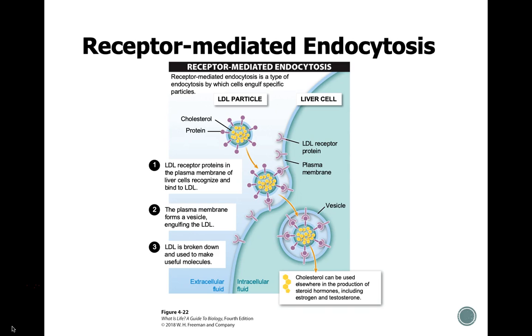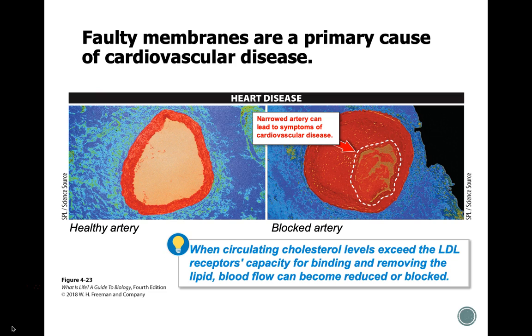So individuals that lack these receptor proteins actually end up with a sort of a blockage of cholesterol. So this can lead to cardiovascular disease or heart disease. And this circulating cholesterol sort of builds up in arteries and impedes blood flow.